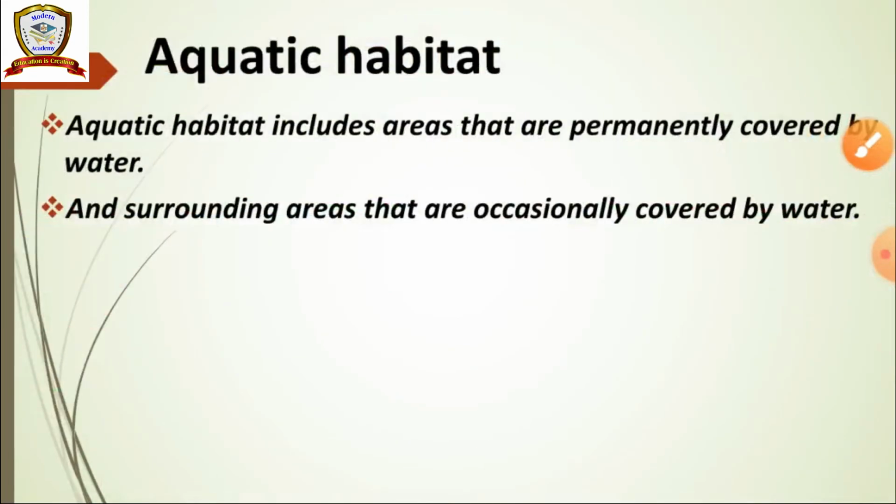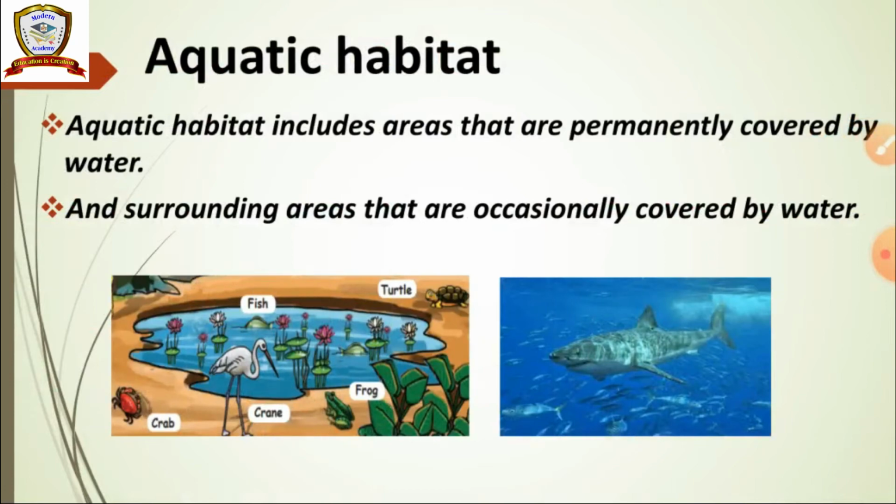Of these, we are going to discuss only aquatic habitat in today's class. Aquatic habitat includes areas that are permanently covered by water and surrounding areas that are occasionally covered by water. Each organism needs a place to live and reproduce, and that place is called habitat.